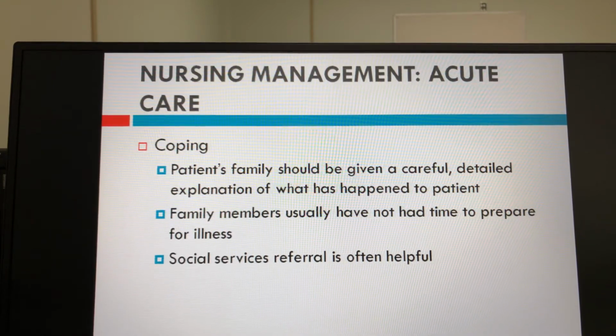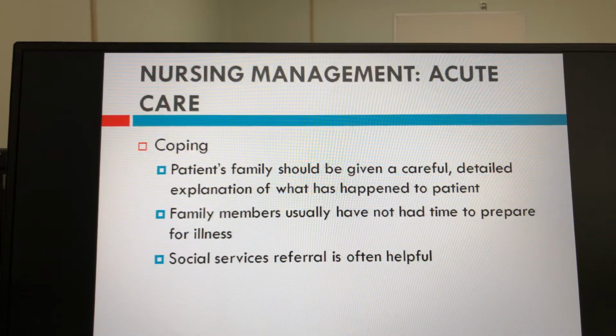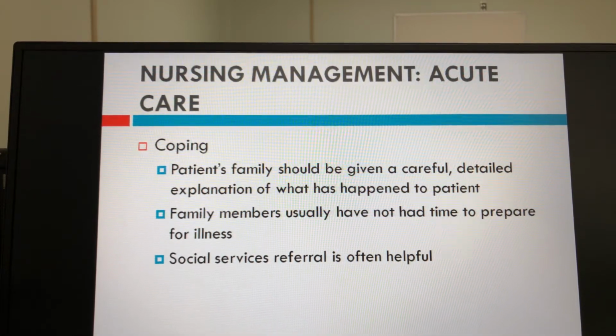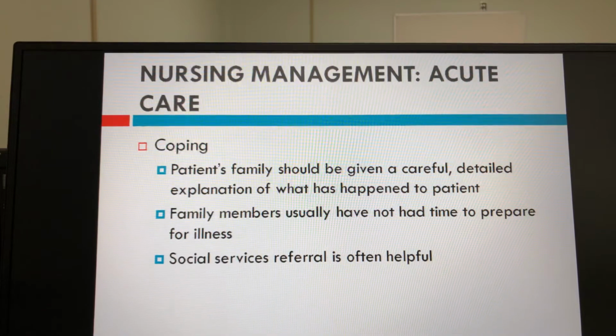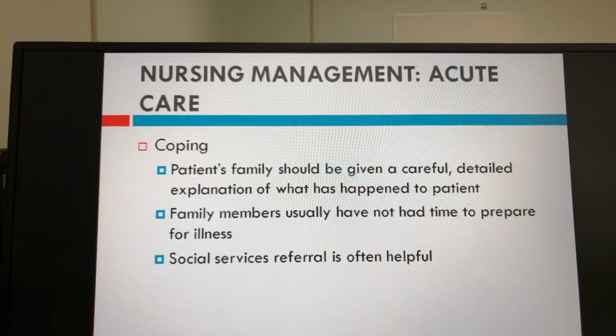With coping, we want to explain what has happened, give the diagnosis and therapeutic procedures. When they have to have them, it should be clear and understood by the patient, and we have to repeat and reinforce information as needed.